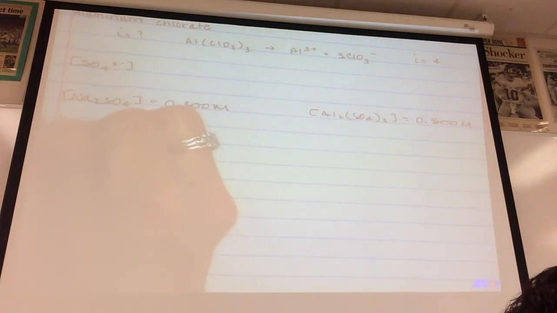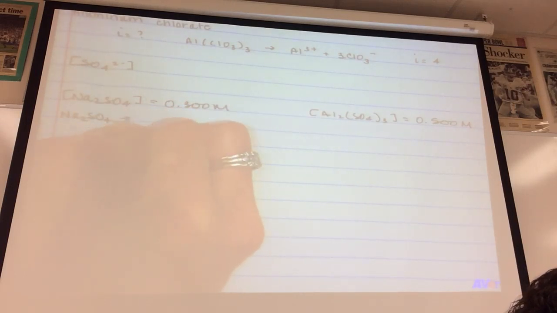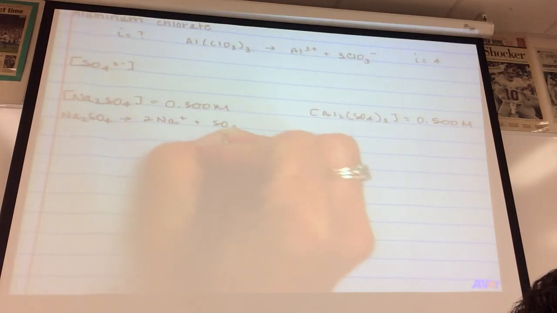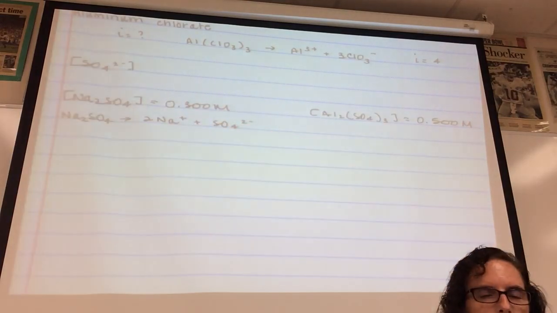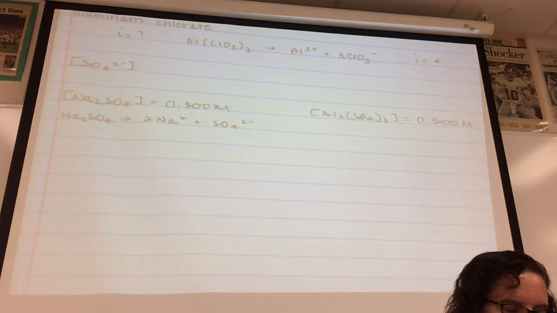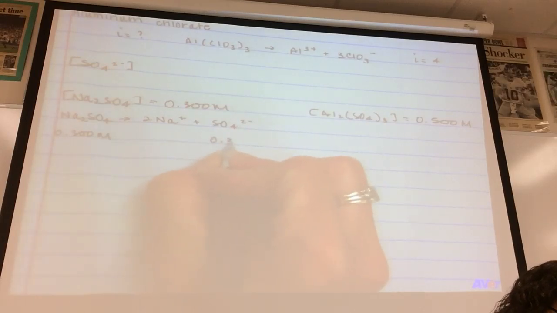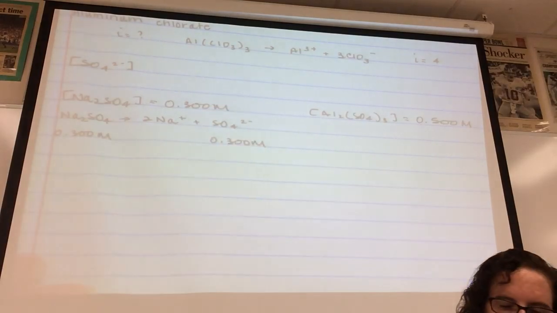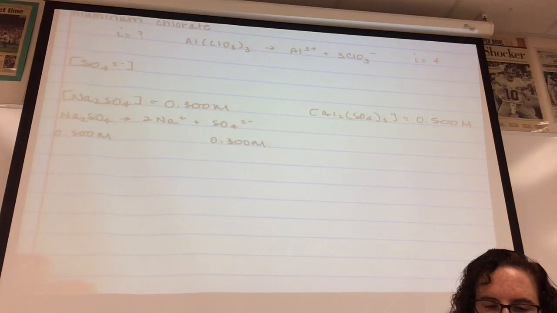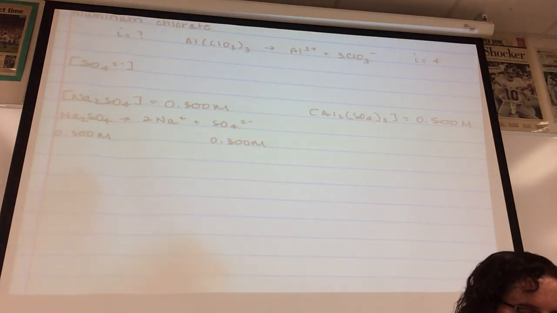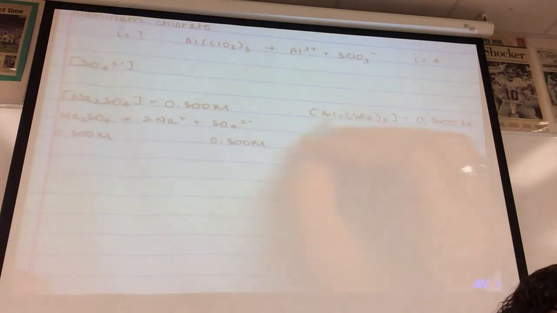Here's my approach. I have sodium sulfate. I'm going to make ions. The generation of ions is clear. So if this is 0.3 molar, why is the sulfate ion also 0.3 molar? 1-to-1 mole ratio. Is it always 1 to 1?